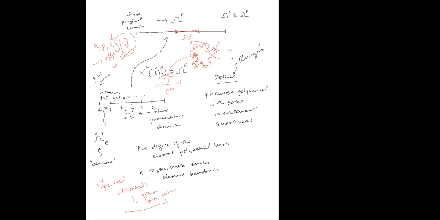Normally, what I'm proposing here in 1D is that all I require is that the CAD be embedded in this flex domain. In immersed, they actually have an additional constraint: they also require that this thing be some kind of a rectilinear grid.